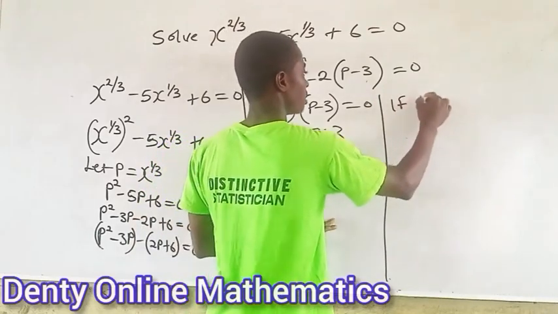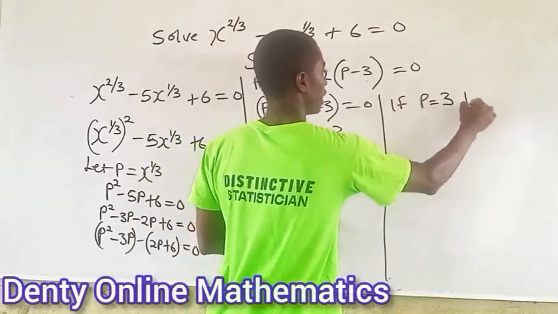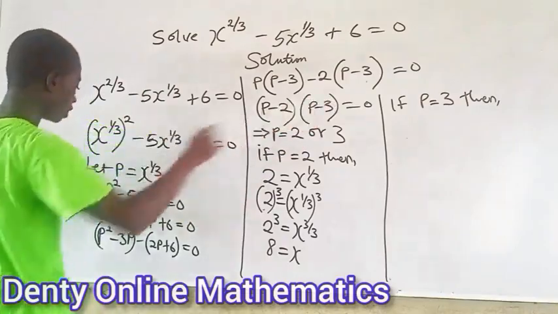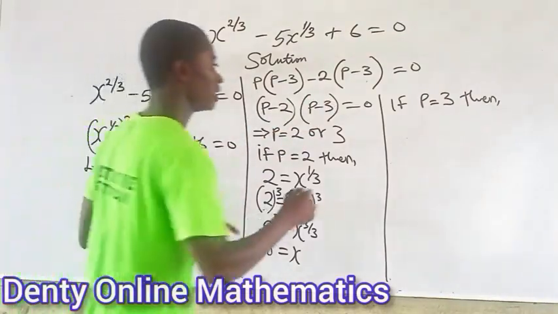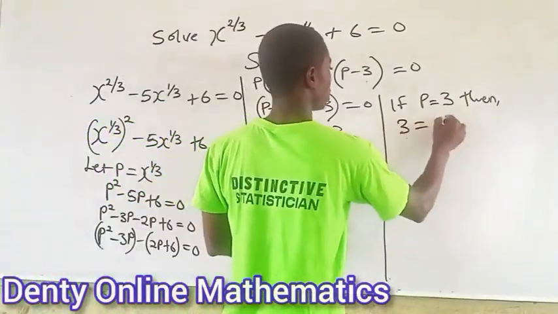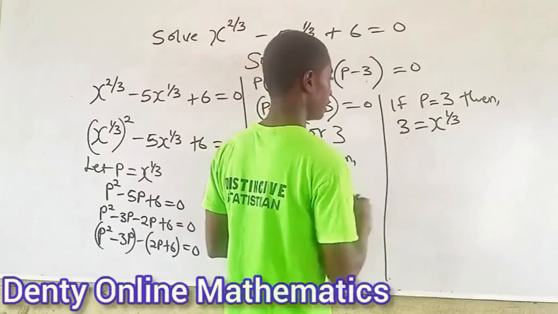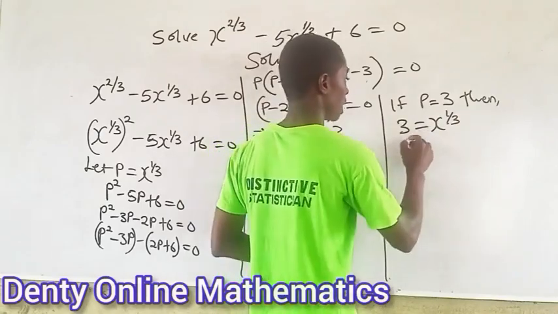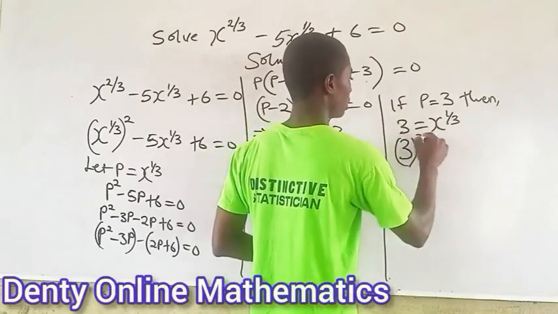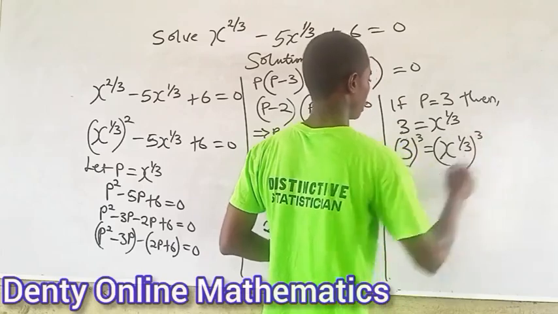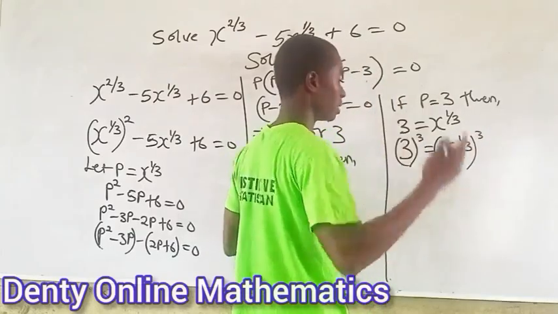If P is equal to 3, then I simply say 3 is equal to x power 1 over 3. I do the same thing at this point: I bring out the cube on both sides. 3 power 3 means 3 times 3 times 3, which is 27.